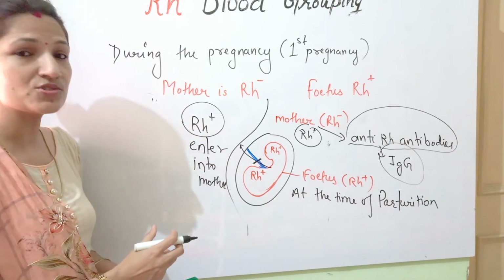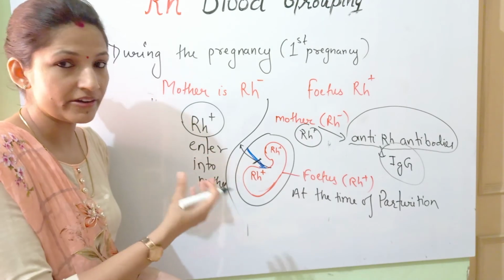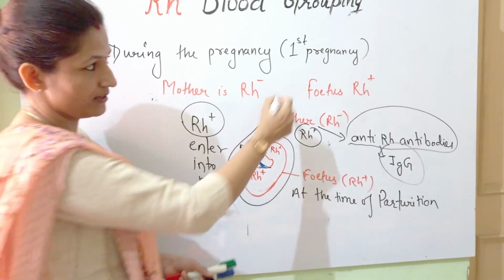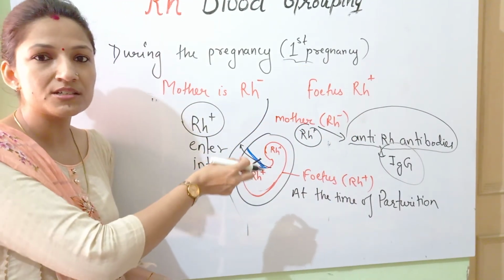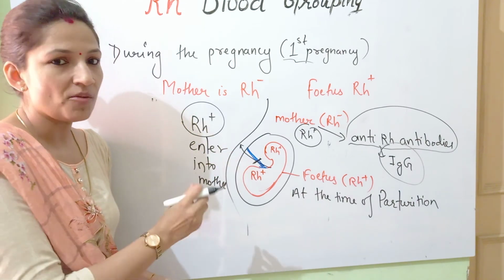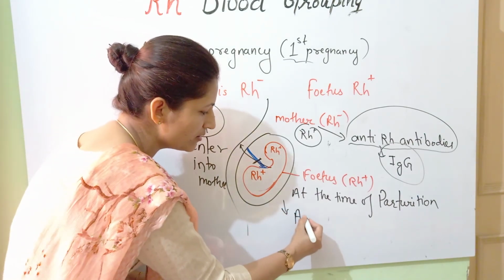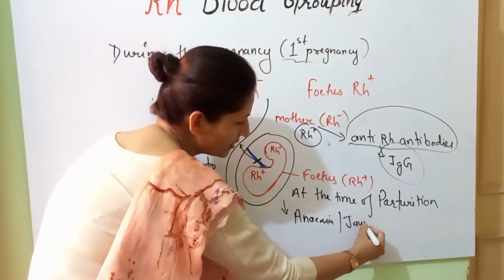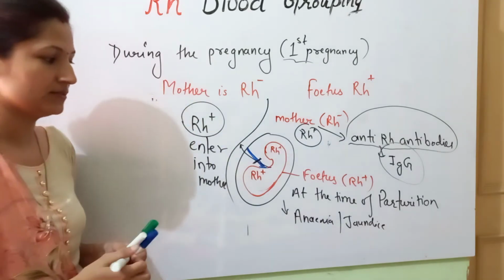And once it enters the fetus, it starts rupturing those red blood cells. Fine. But as this was the first pregnancy, the time of exposure of the mother's blood and the baby's blood was very little. That's why the complications were very little. This can only result in a little bit of anemia and jaundice. Okay, nothing more than that.